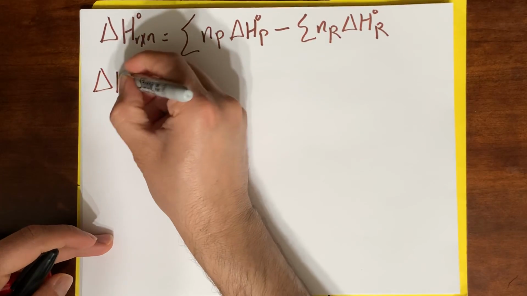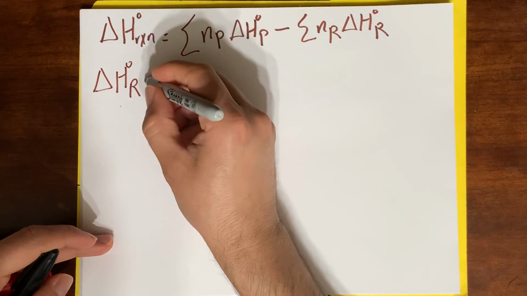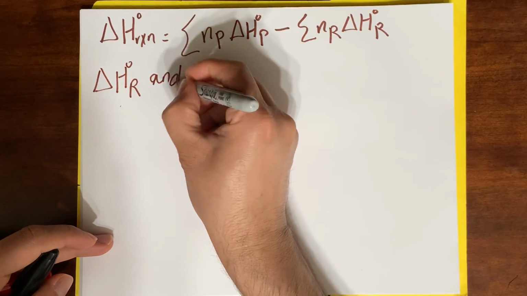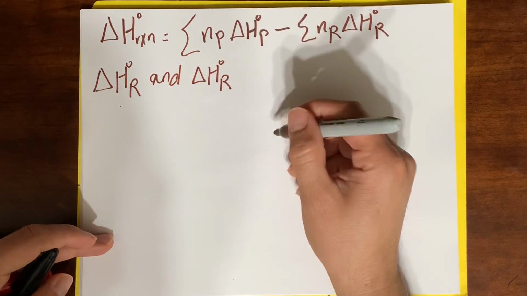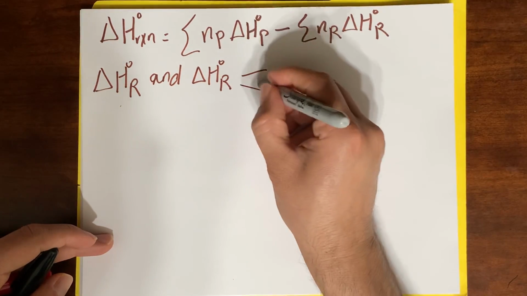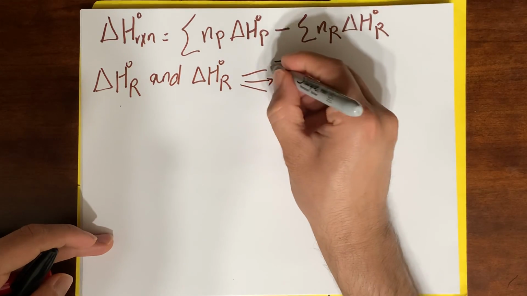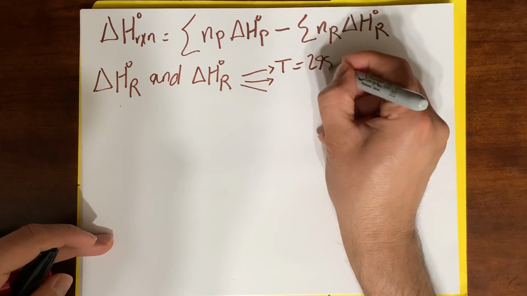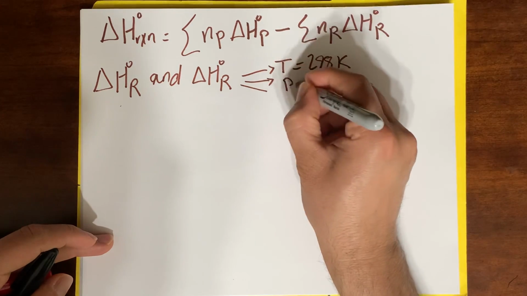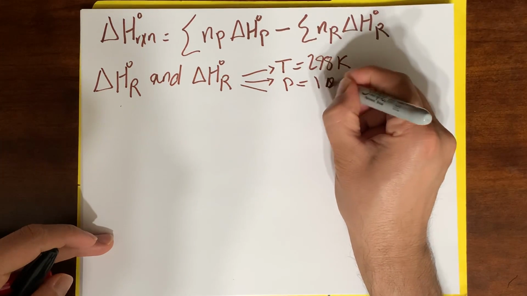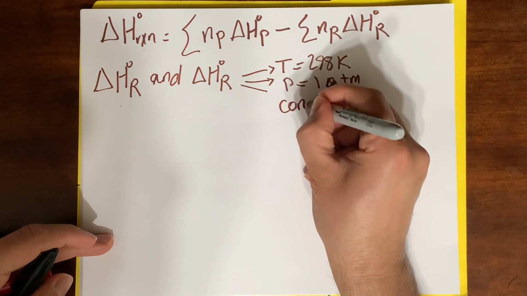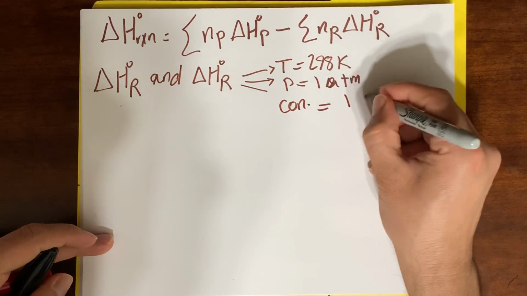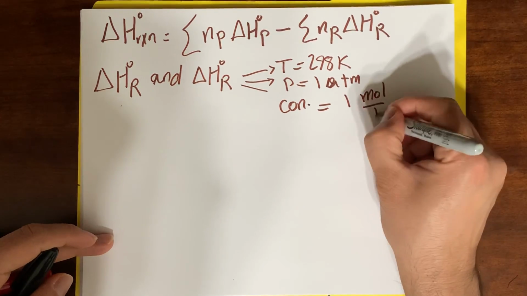Where can I find delta H of the reactant and delta H of the product under standard condition? You need to have this. If you're talking about temperature, it should be 298 Kelvin. The pressure is 1 atmosphere. And if you're talking about concentration, it must be 1 mole per liter.